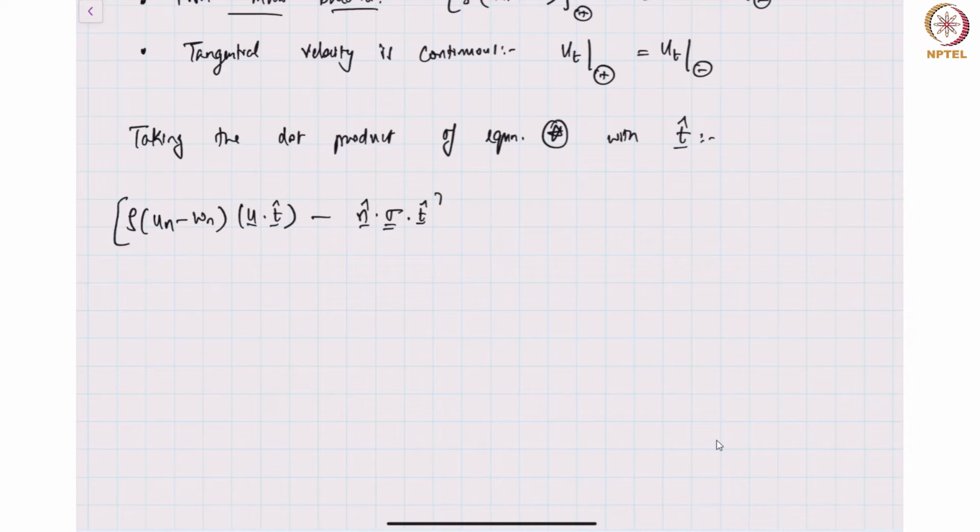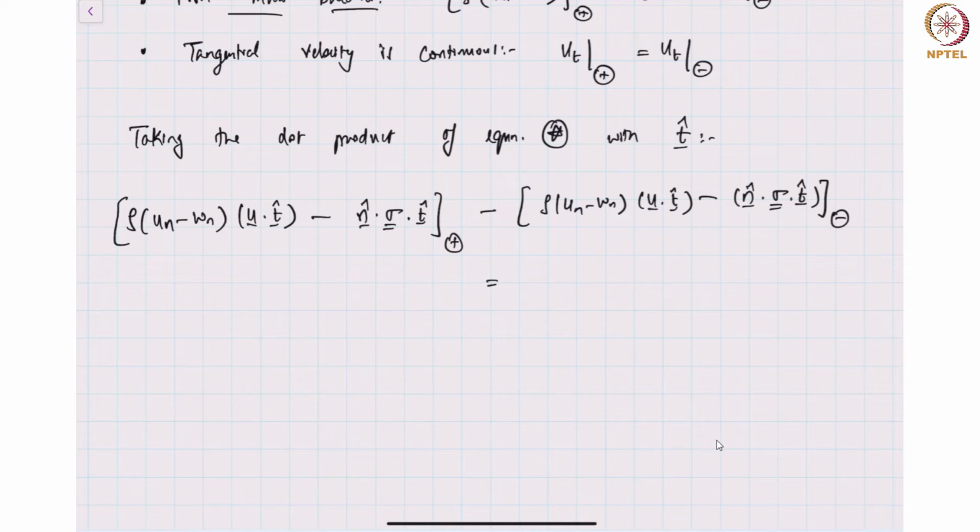That's the second term, on the positive side. On the negative side, I have rho un minus wn times u dot t minus n dot sigma dot t on the negative side.